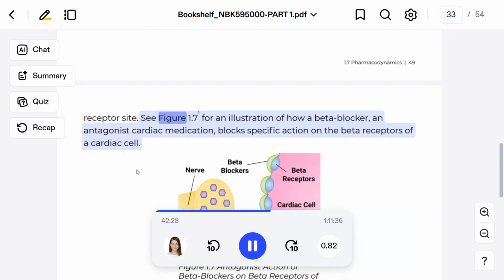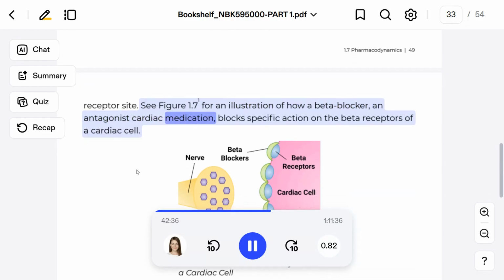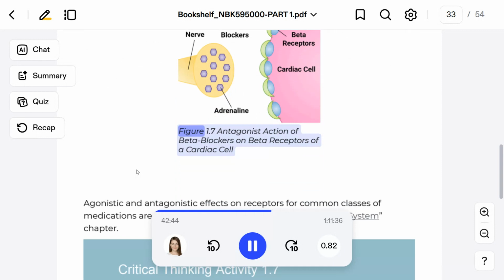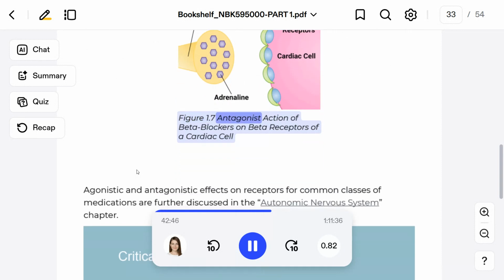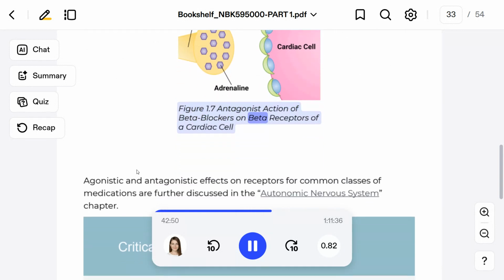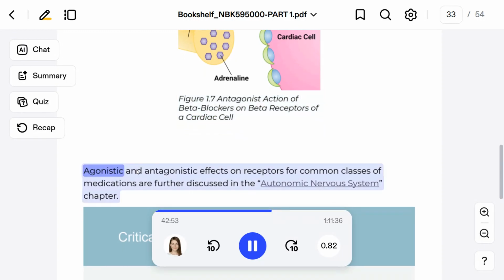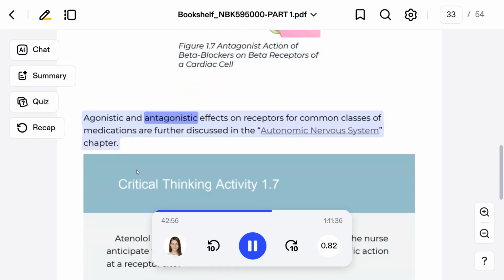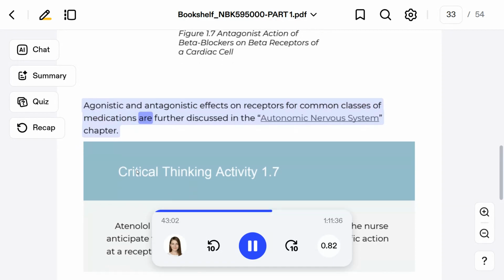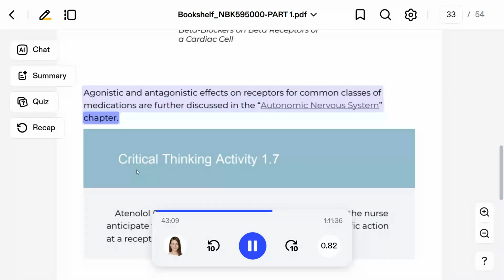See Figure 1.7 for an illustration of how a beta blocker, an antagonist cardiac medication, blocks specific action on the beta receptors of a cardiac cell. Figure 1.7 Antagonist action of beta blockers on beta receptors of a cardiac cell. Agonistic and antagonistic effects on receptors for common classes of medications are further discussed in the autonomic nervous system chapter.